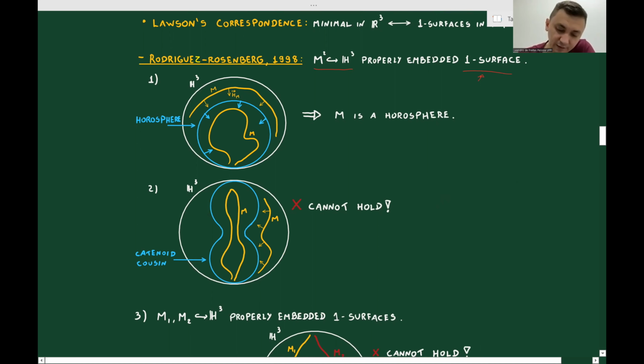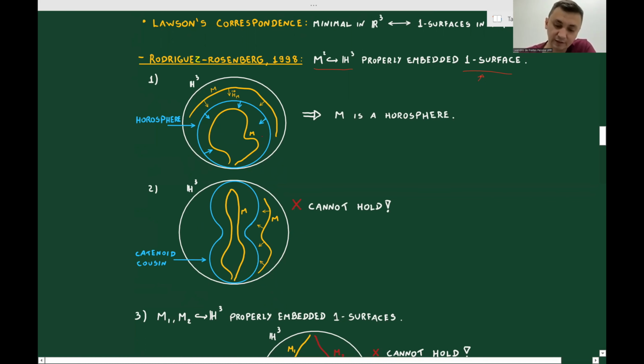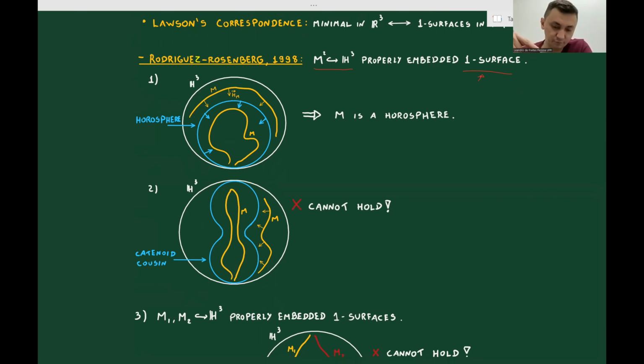So here it is like this inner part of the horosphere. So M cannot be inside the horosphere unless it is a horosphere. And moreover, if you consider M outside this horosphere, but the mean curvature vector field of M points to the horosphere, then M must also be a horosphere.